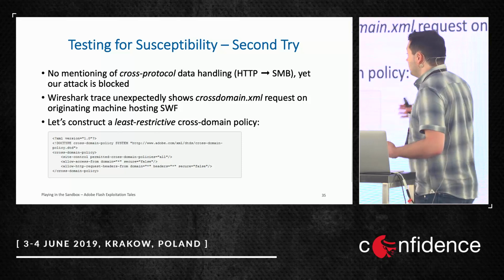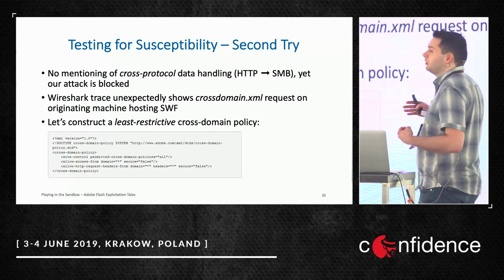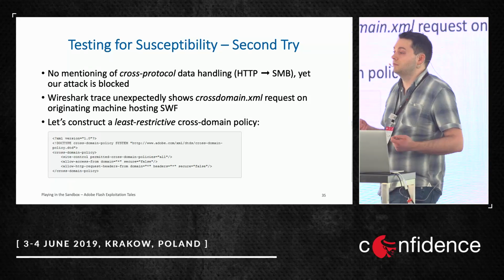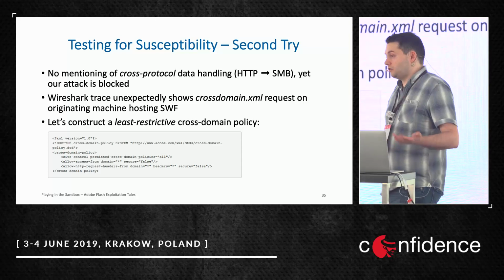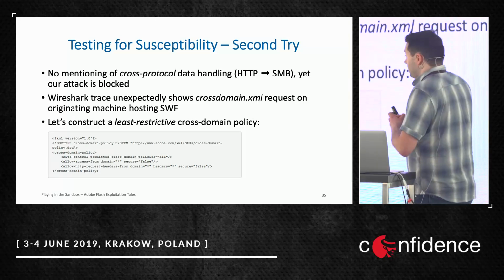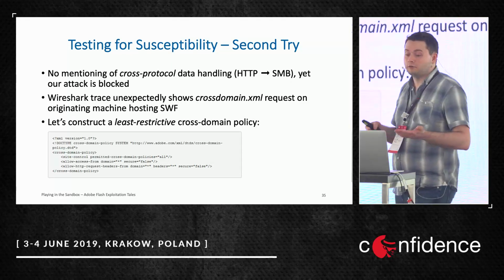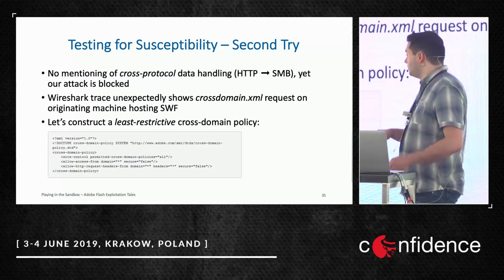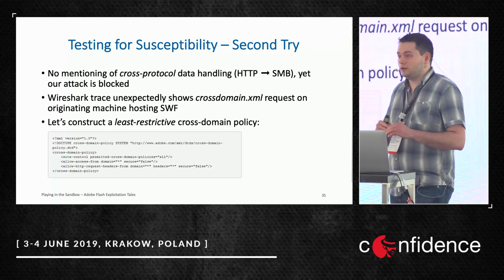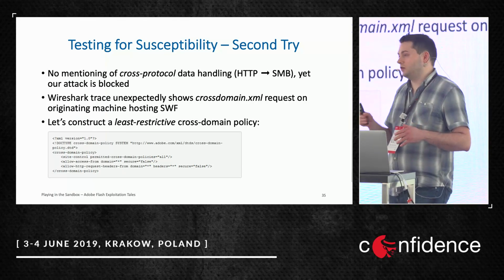But the Wireshark trace shows the crossdomain.xml being requested from the machine that is hosting the Flash application, which already contradicts the specification. So I figured, let's just construct a least restrictive cross-domain policy. This is just a few lines of XML code telling the Flash application it's okay, you can access any resource on this domain.